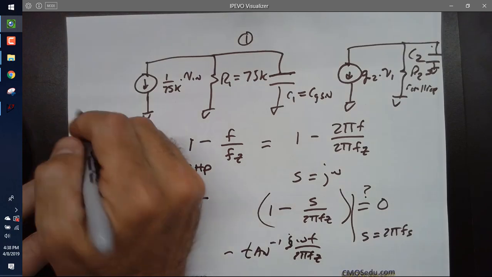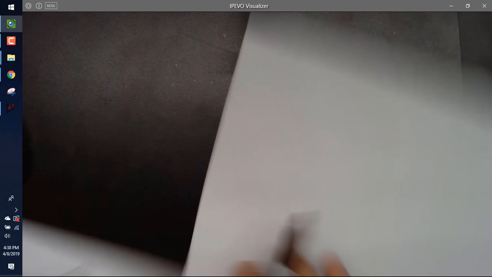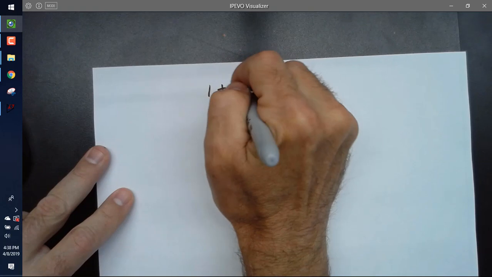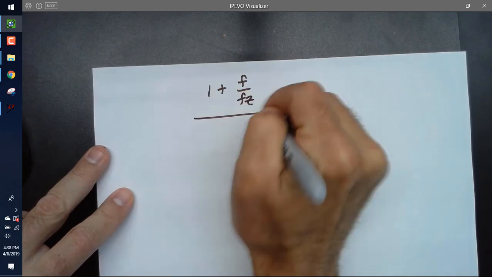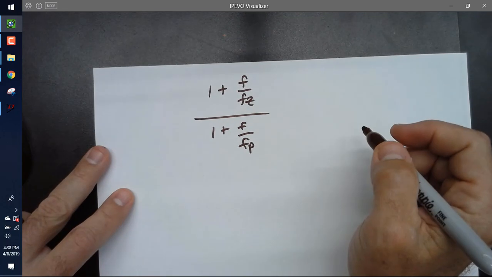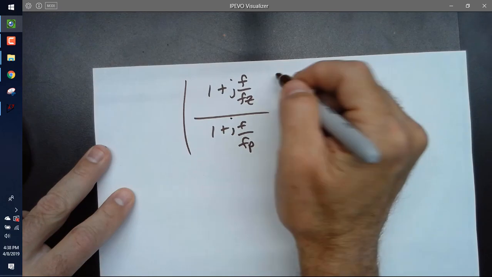If I have 1 plus f over fz divided by 1 plus f over fp, and I ask you, what's the magnitude? Let's put the j's in there. What's the magnitude of that?